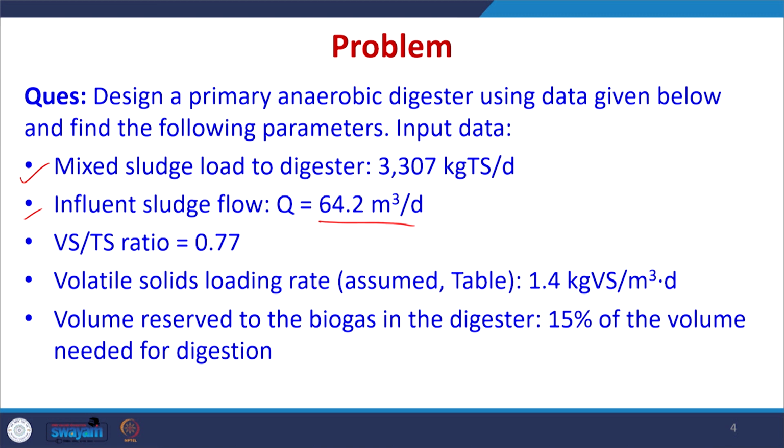The VS to TS ratio is roughly 0.7, and the volatile solids loading rate, assuming the table given in the previous lecture, is 1.4 kg VS per meter cube per day. Generally we keep an average of 15% of the total digester volume reserved for biogas, so we are keeping the same.